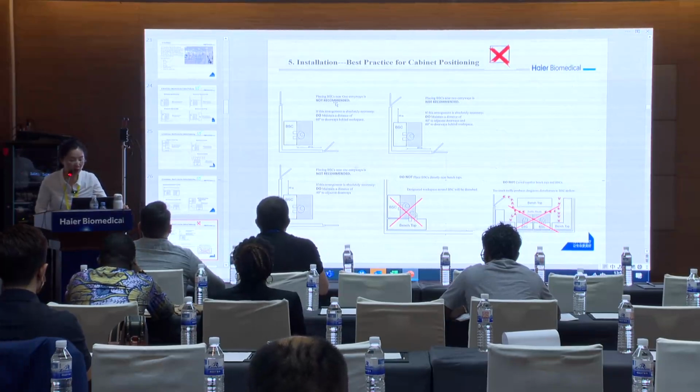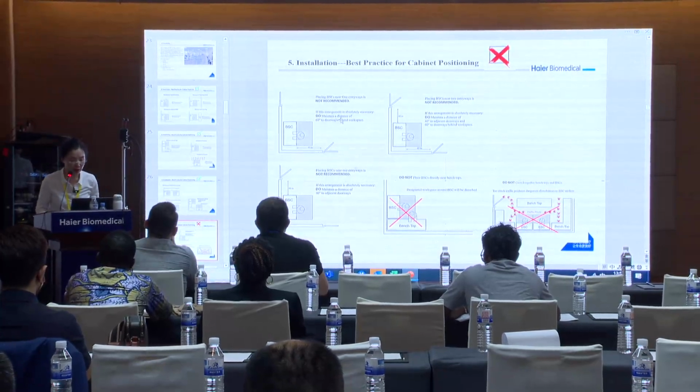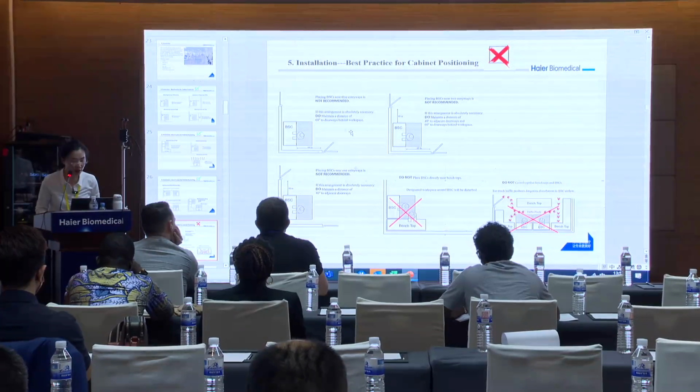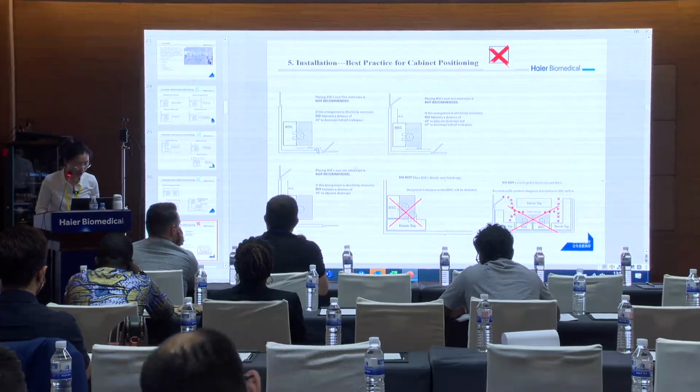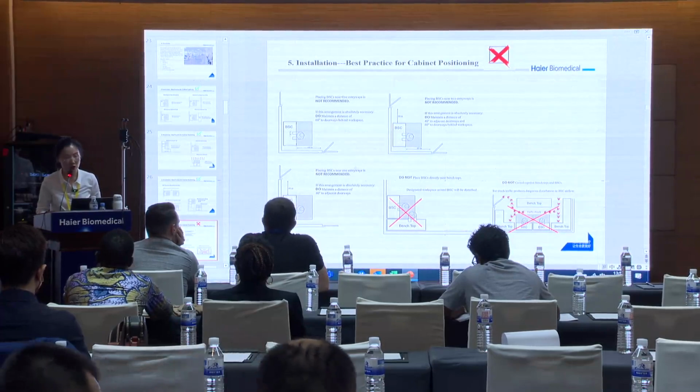But once you cannot escape the situation, what should we do? Placing biosafety cabinets near one entryway is not recommended. But if this arrangement is absolutely necessary, you should maintain a distance of 60 inches to doorways behind the workplace, just like this.